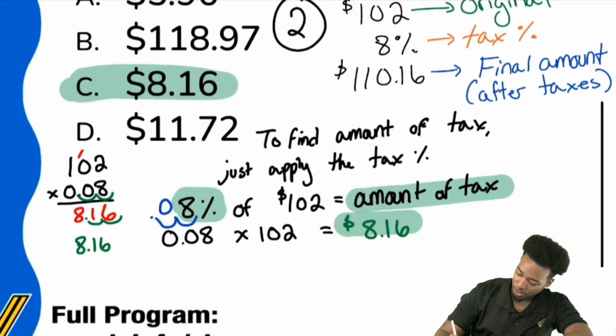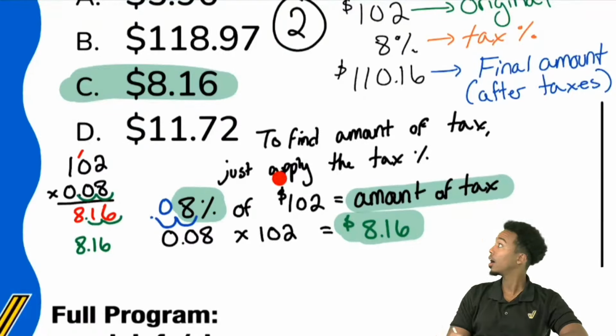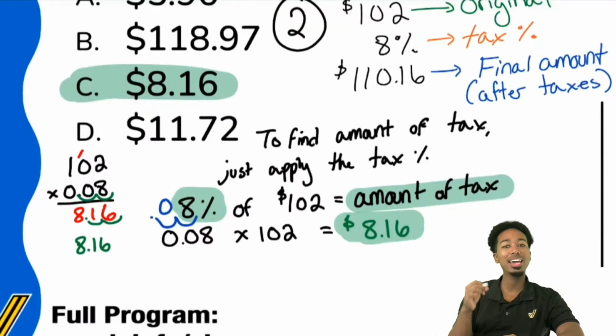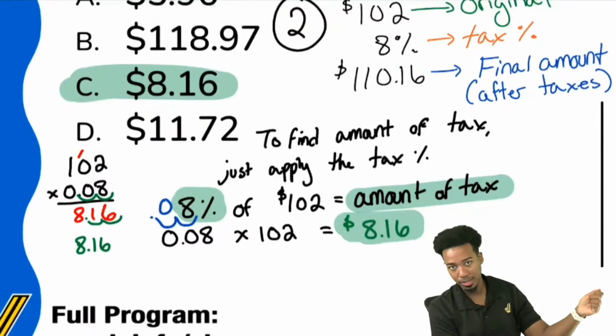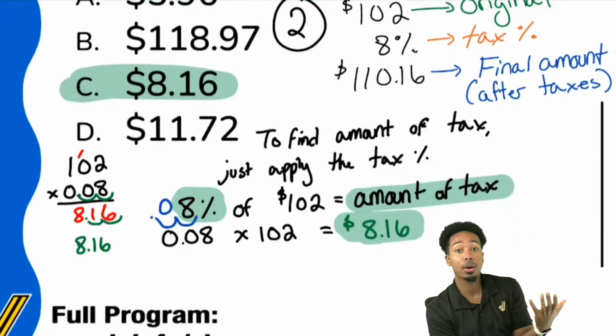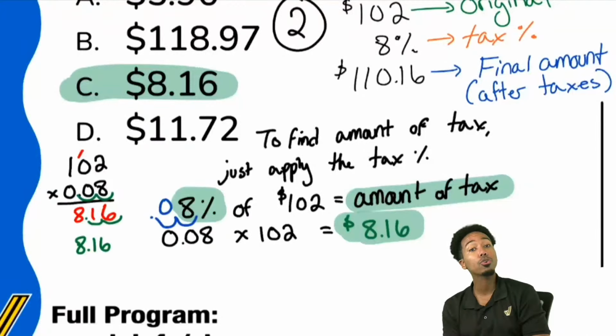Everybody, is that the correct answer? Yep. That is. And so notice, we applied the percent of the tax to find the amount of the tax because we were looking for the amount. We can absolutely do that. Boom, nice and easy.